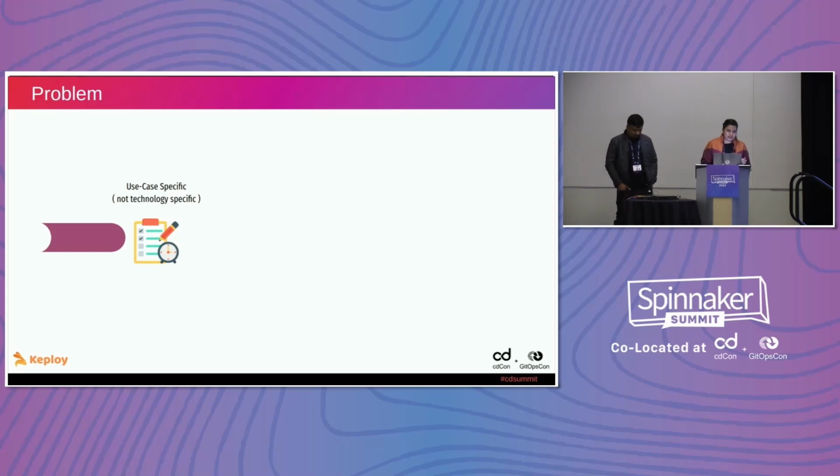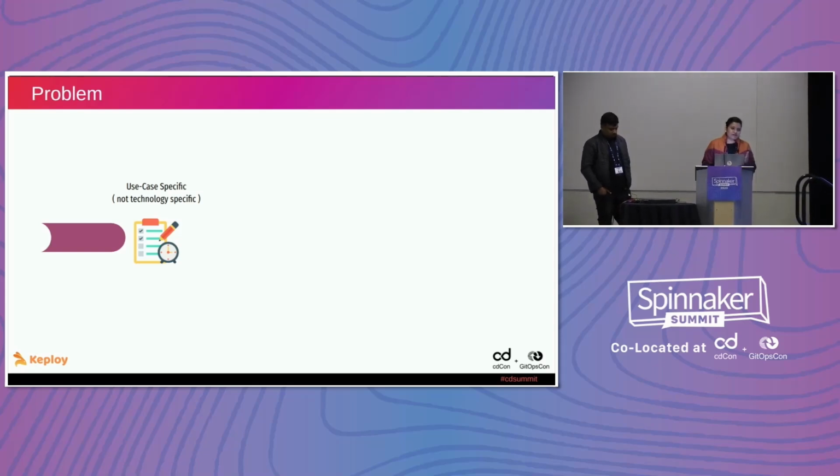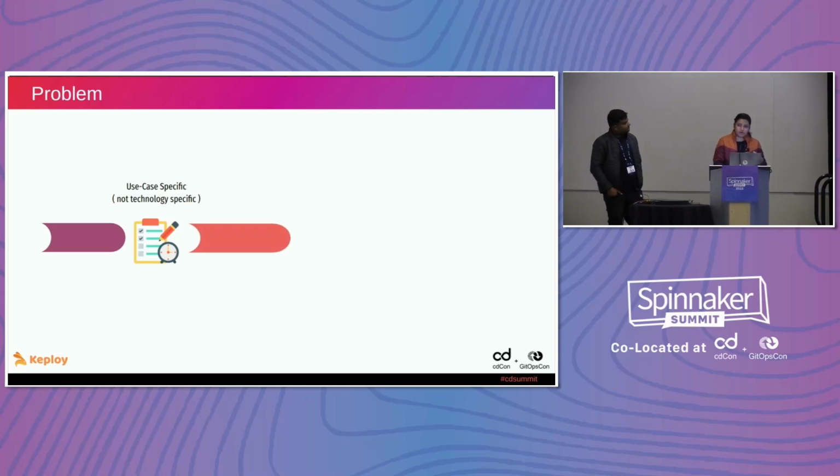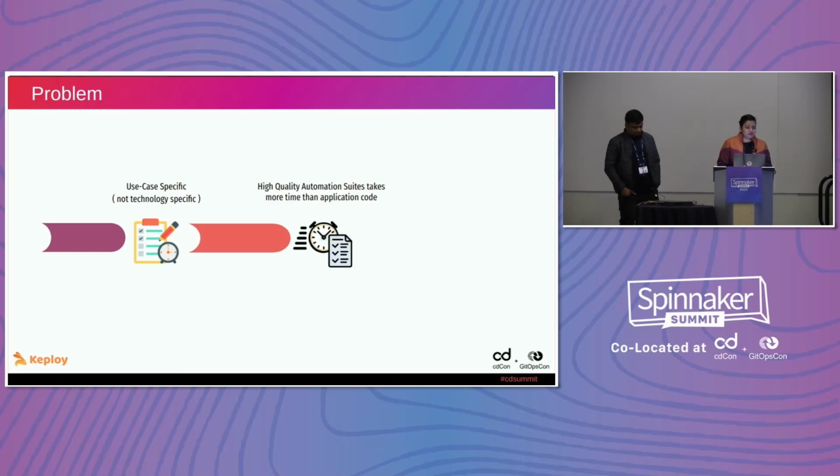By that I mean that you cannot really write a test script which will work for every one of your applications. And you need to spend a lot of effort and time to write high quality automation test suites, sometimes even more than you would spend on developing the application.